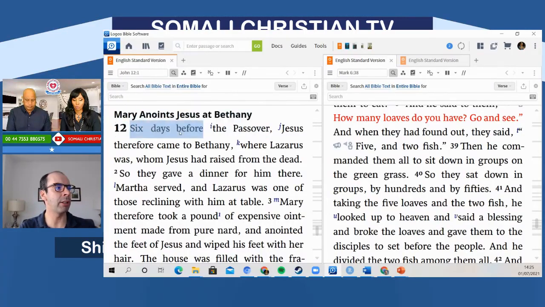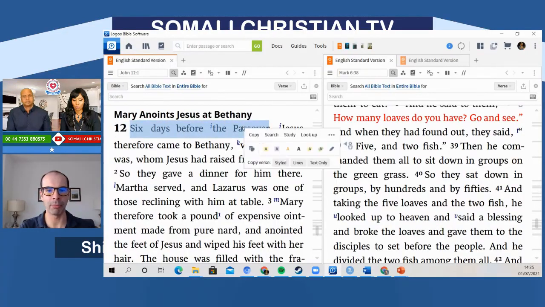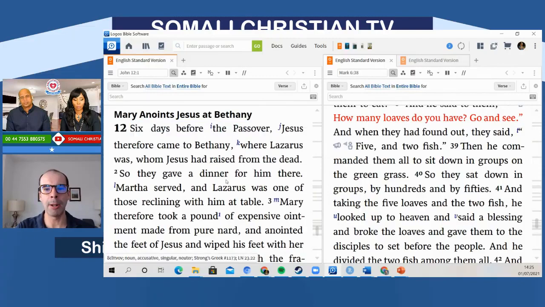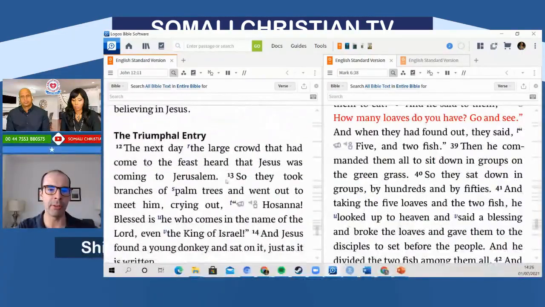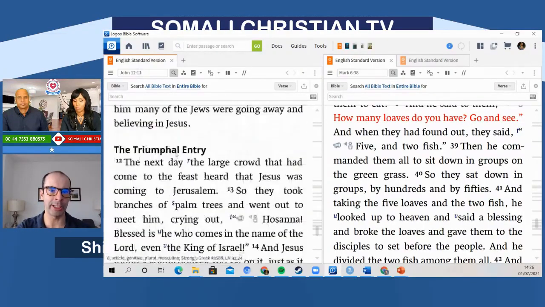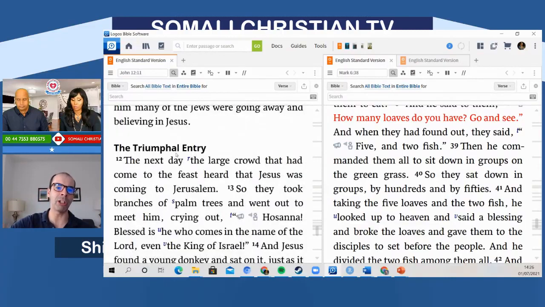He also tells us in verse 12 that the next day you've got the triumphal entry. So he's the only gospel that tells us that Jesus' triumphal entry happened five days before Passover, right? Six days before Passover, he enters Bethany. The following day, he enters Jerusalem on the back of a donkey. So five days before Passover, he enters Jerusalem.